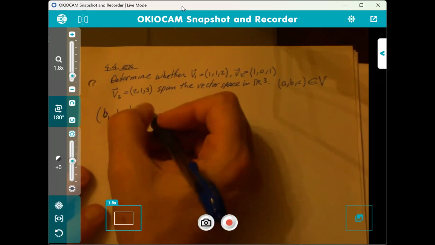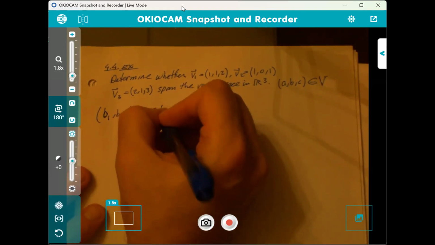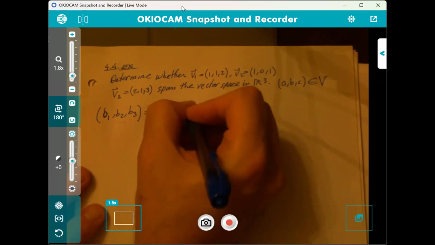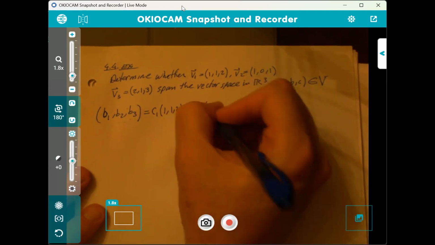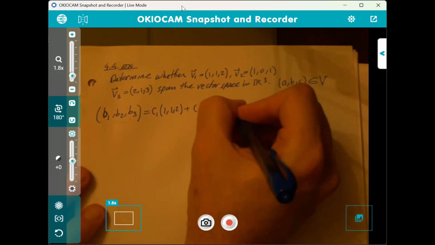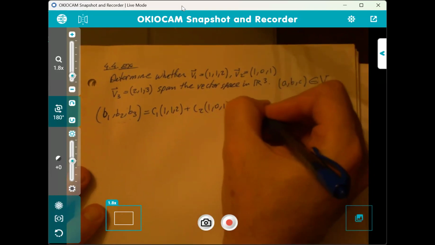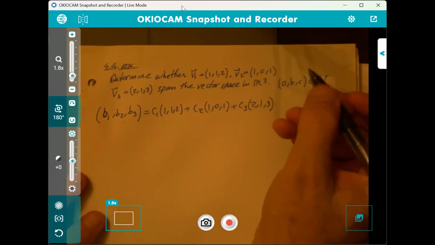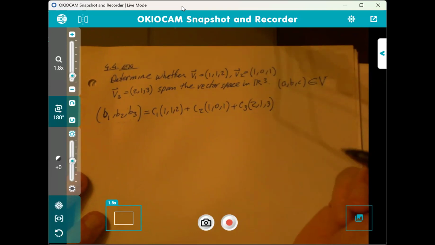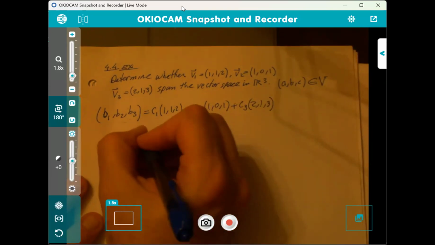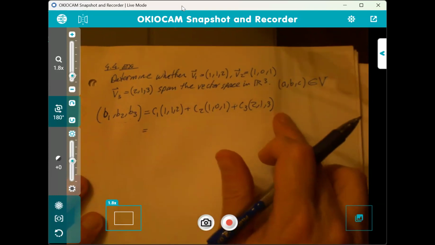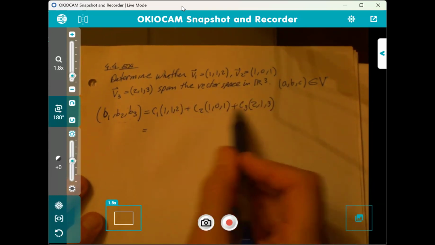Can this be written as C1(1, 1, 2) plus C2(1, 0, 1) plus C3(2, 1, 3)? That's what we want to know, just like the previous one. Now, on the right side, you combine the first component.